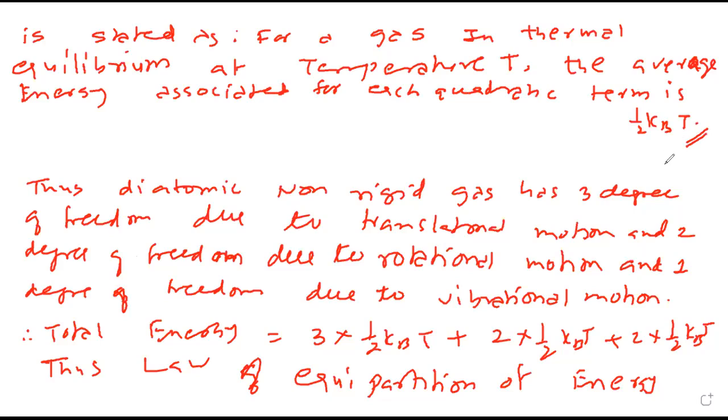Done. For a gas in thermal equilibrium, average energy associated for each quadratic term is half kBT. Clear? Meaning followed, no? Each motion is half kBT. This is called law of equipartition of energy.